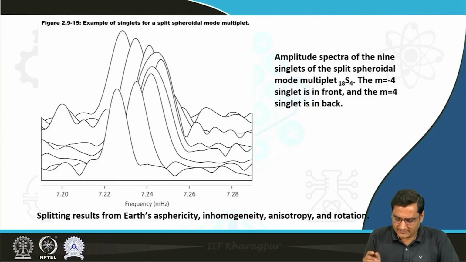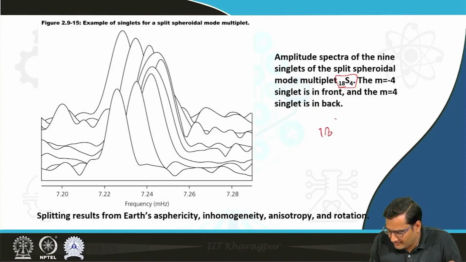Now look at this figure, which is taken from Stein and Wysession. This is the amplitude spectra of the 9 singlets of the split spheroidal multiplet 0S4, where N is 0 and L is 4. You can see the value of M is varying from minus 4 to plus 4.